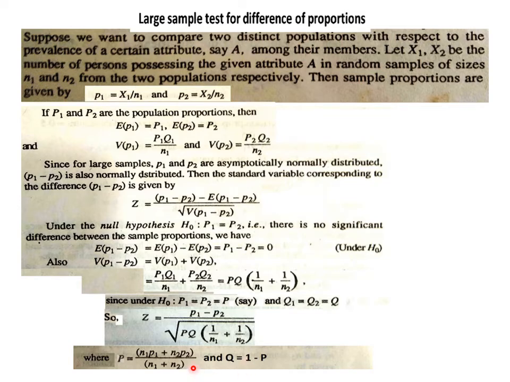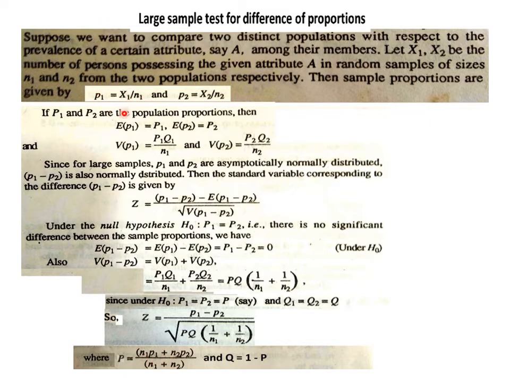I'm not discussing too much theoretical background here, but you have to remember the formula for P1 equals P2 equals capital P, which we assumed under the null hypothesis for the large sample test for difference of proportion. Remember that capital P is equal to n1 p1 plus n2 p2 upon n1 plus n2. What is n1 p1? It is nothing but x1.